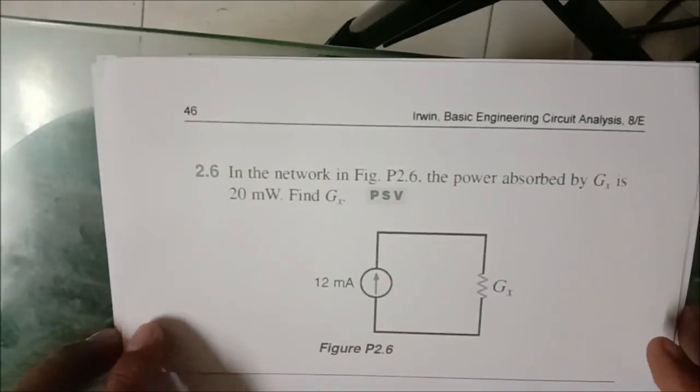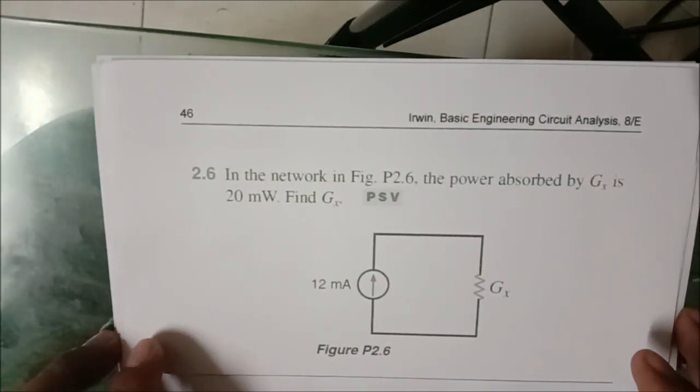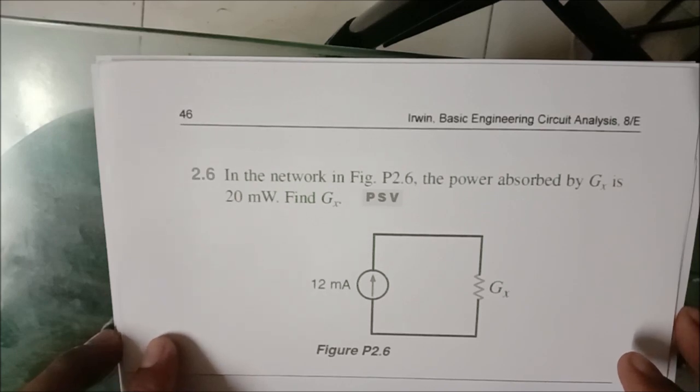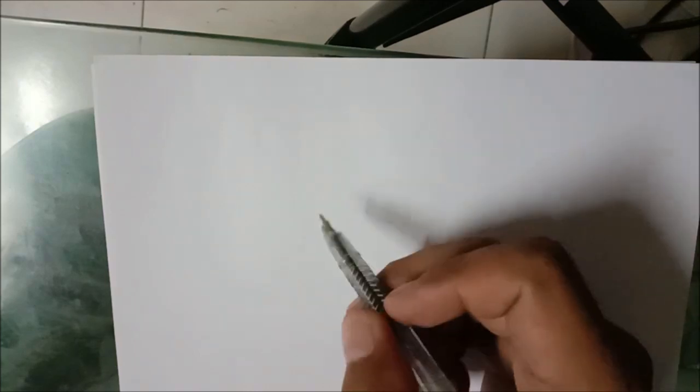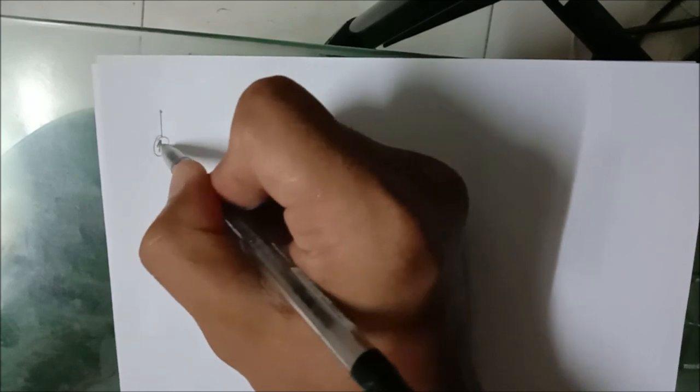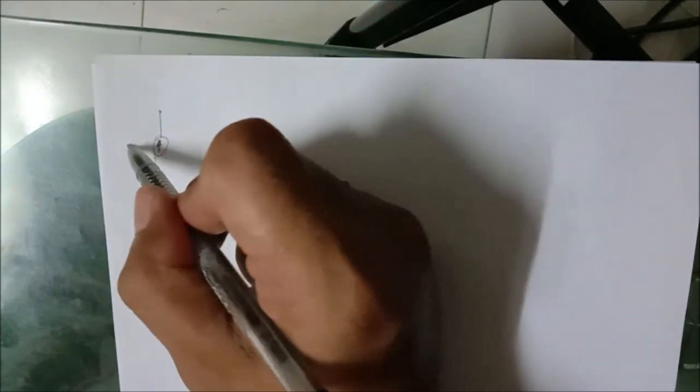Mali tayo kanina. In the network in figure 2.6, the power absorbed by G of X is 20 milliwatts. Find G of X. Okay. G of X naman. So, ibig sabihin ng G of X. So, i-write natin yung equation. So, 2 milliamperes.